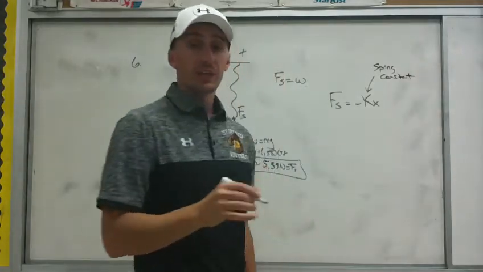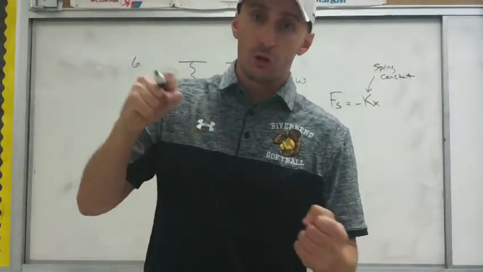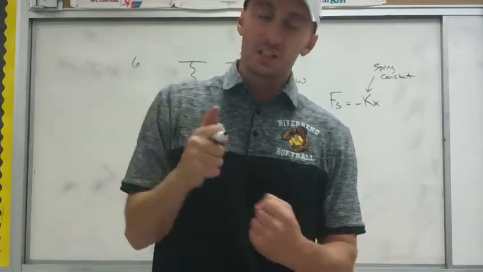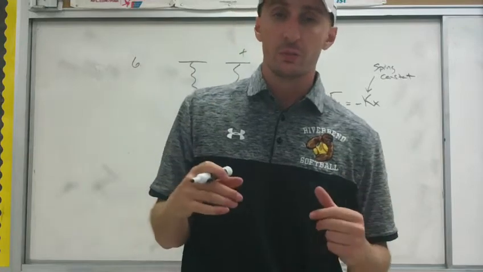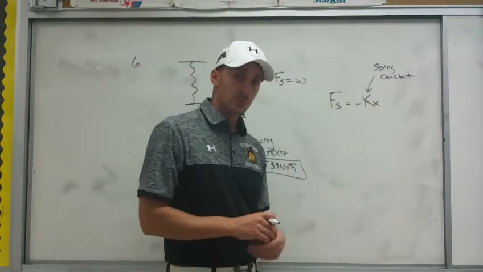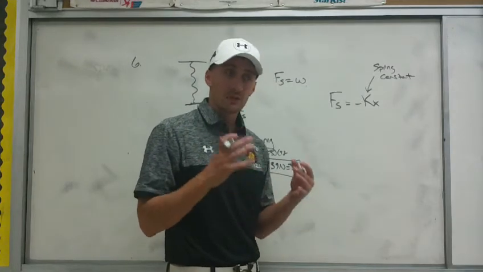Okay? The spring constant tells how rigid it is. All right? Springs that are harder to stretch out have a higher K value. Springs that are easy to stretch out have a lower K value. So this number here describes the stiffness of the spring. So every different spring has a different K value here.